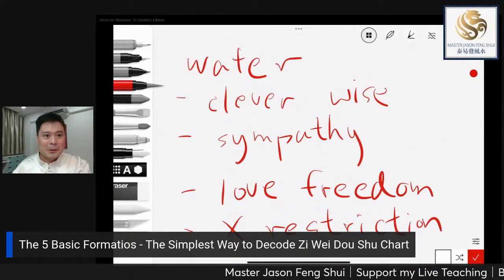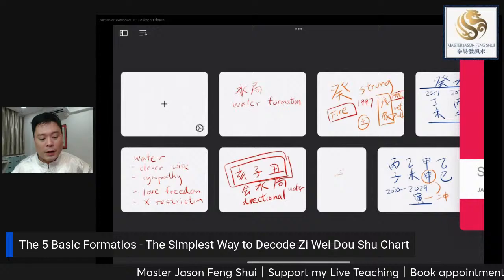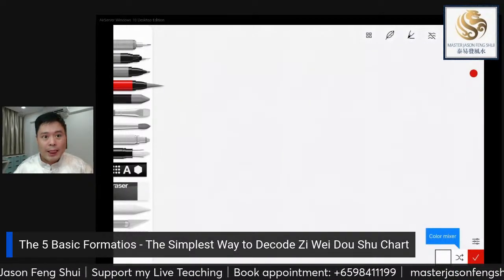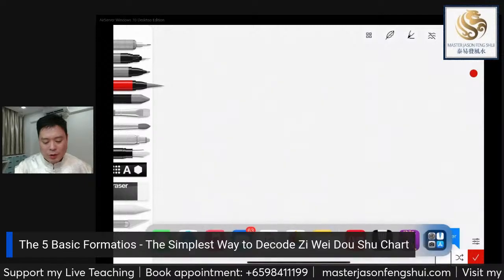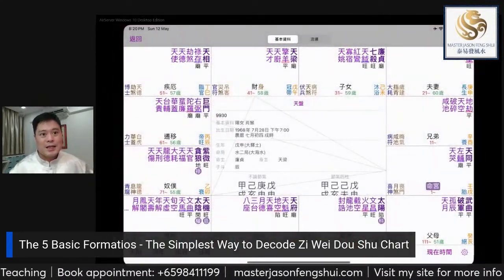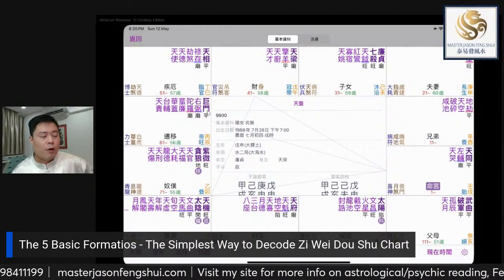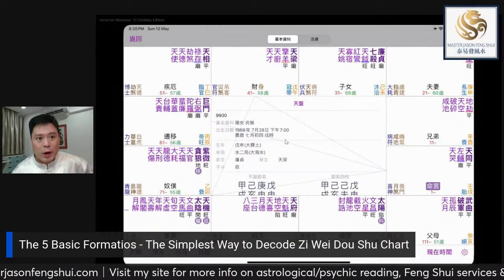You don't have to look at the stars, don't have to look at the life domain, etc. You basically just need to look at the formation, which I want to repeat once again in case you don't know what I'm talking about. All of us will have some kind of formation within our 紫微斗数 birth chart.